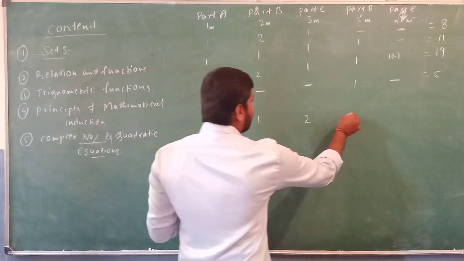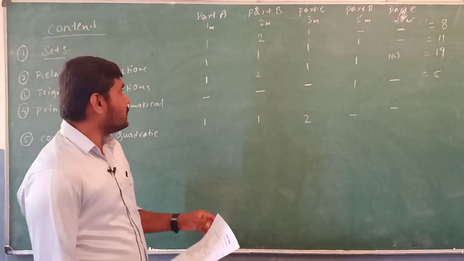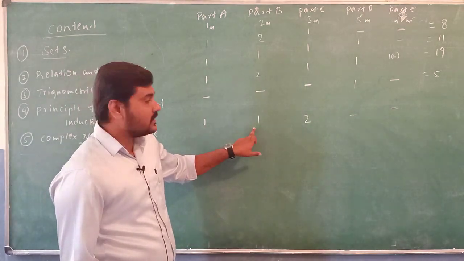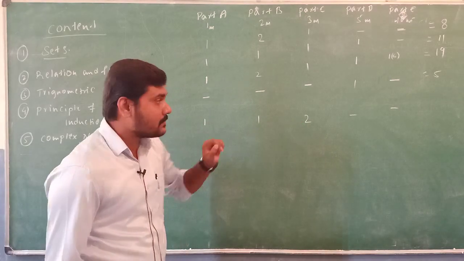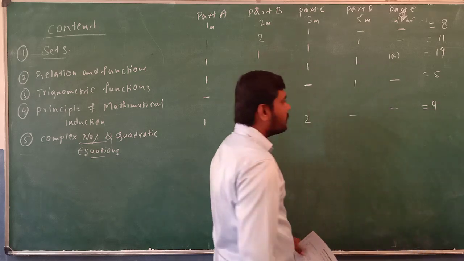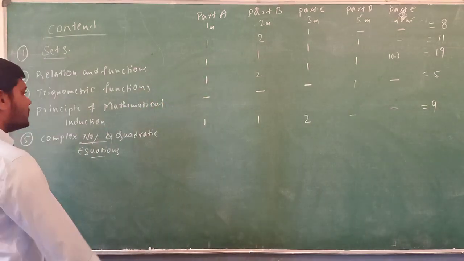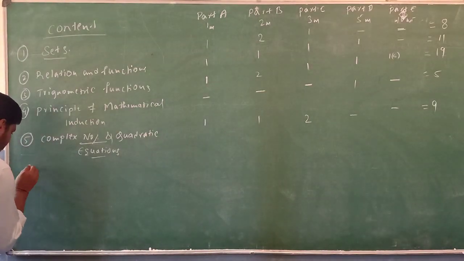There will be no questions allotted for 5 marks. Clear? Then the total marks is 1 plus 2 is 3, 3 plus 6 is 9 marks. So the total number of marks allotted for the chapter complex numbers and quadratic equations is going to be 9 marks.